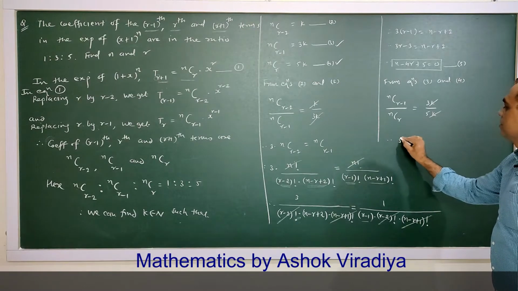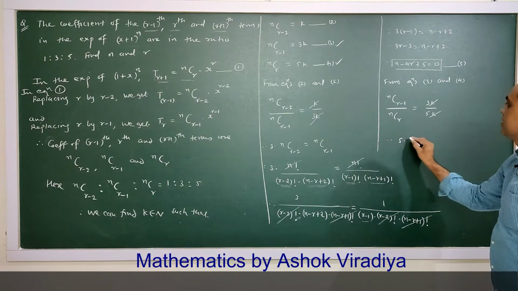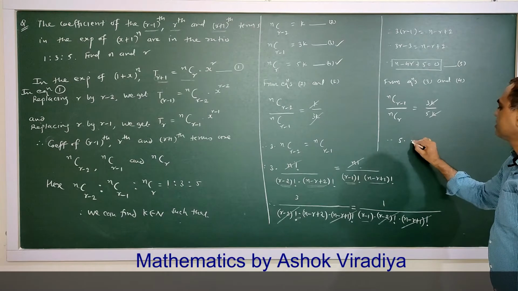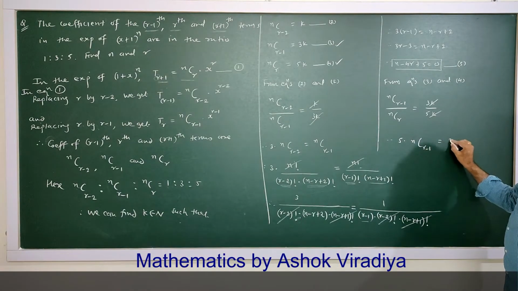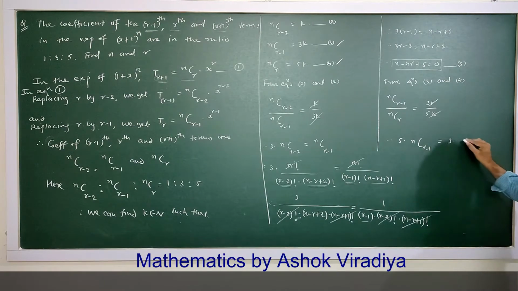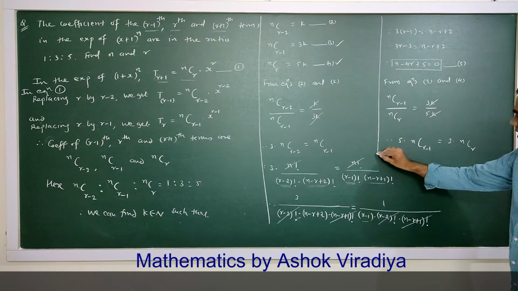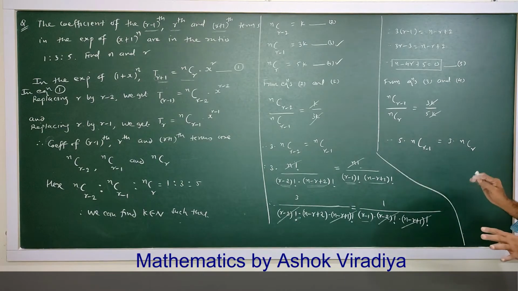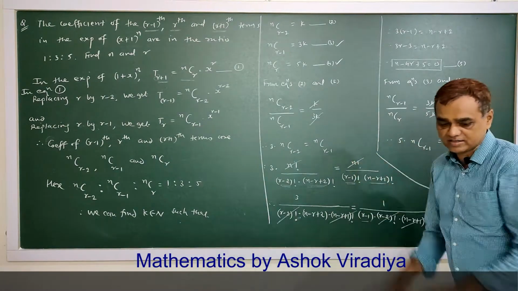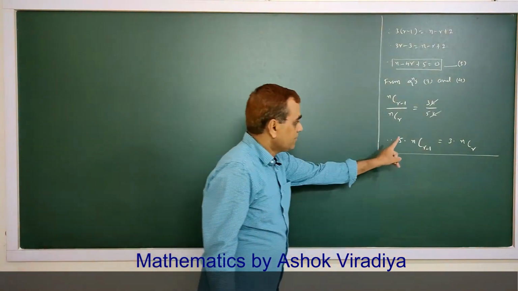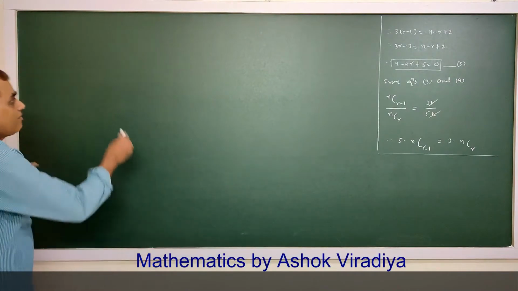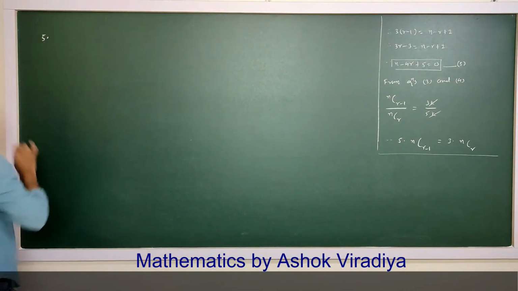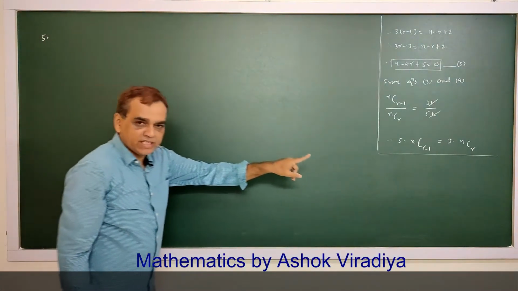Therefore 5 into nCr minus 1 equals 3 into nCr. So now I require space, so first of all I am removing this part. See, from this equation, continuing, 5 into nCr minus 1.